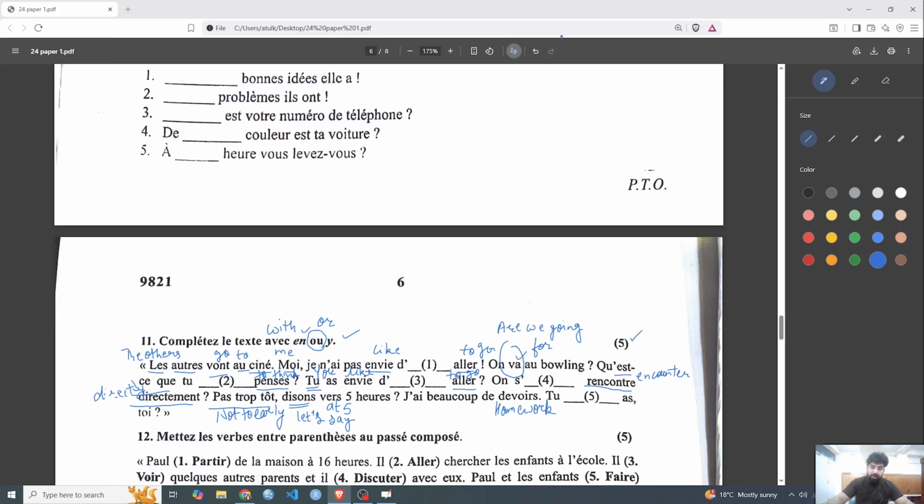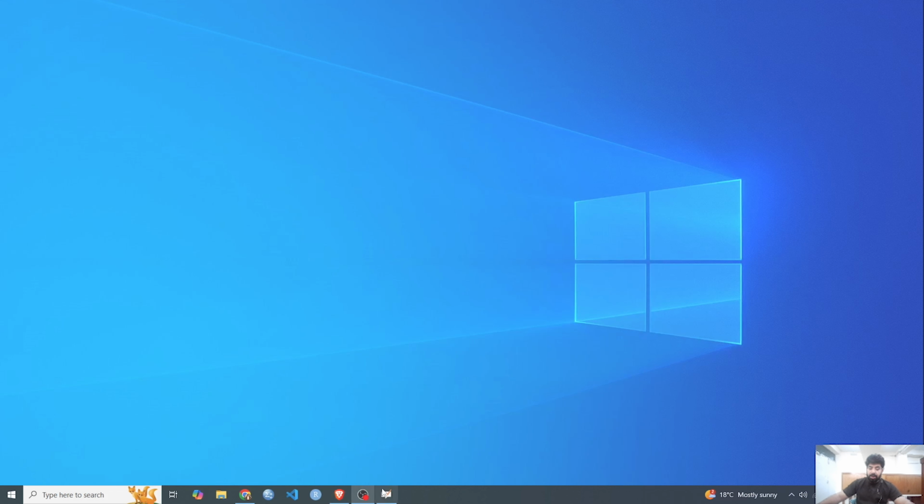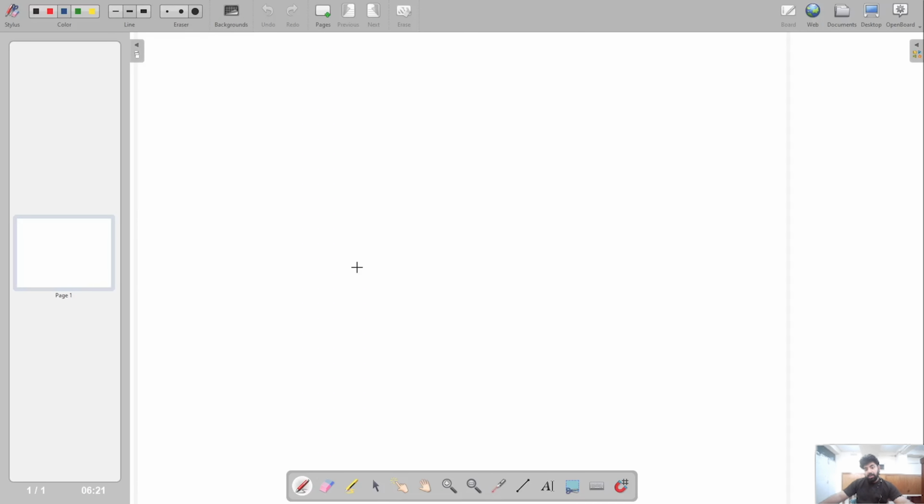Now let's move to the board and try to understand how we decide between en and y and which one to use. Okay, so I'll just move to open board, and I'll just write down the topic here. So we need to understand when exactly we use en and when we use y.